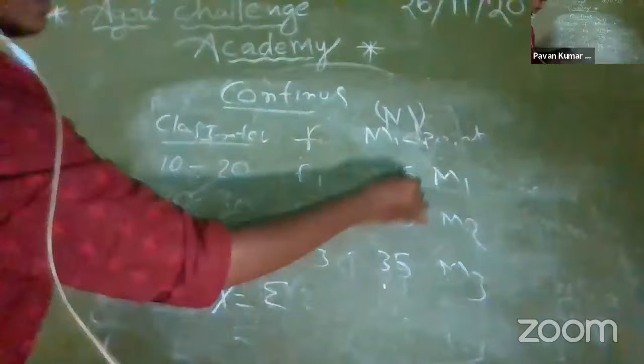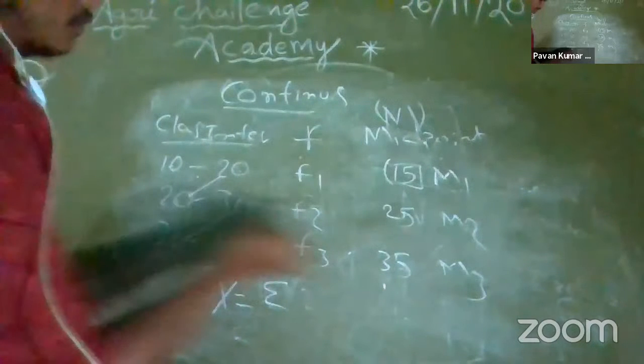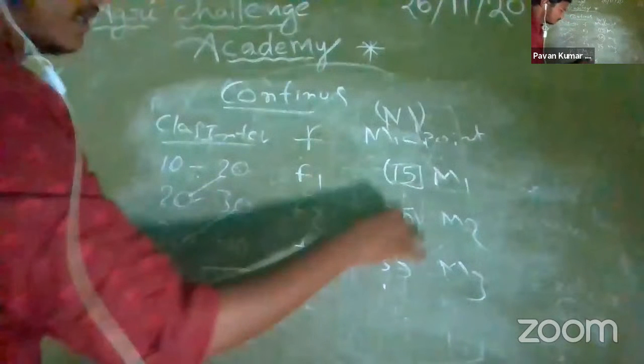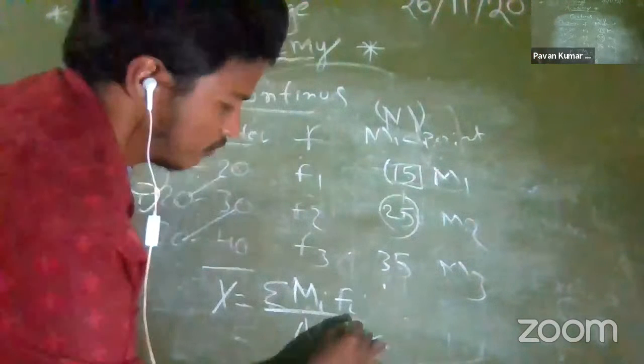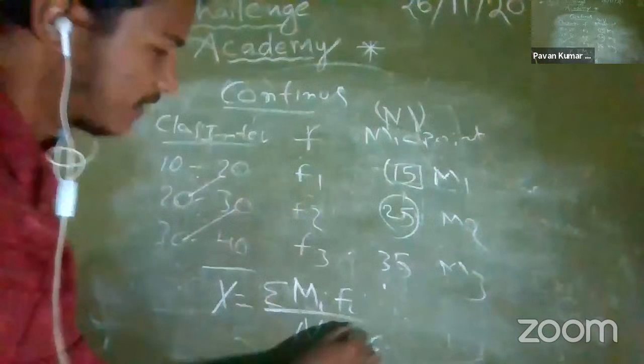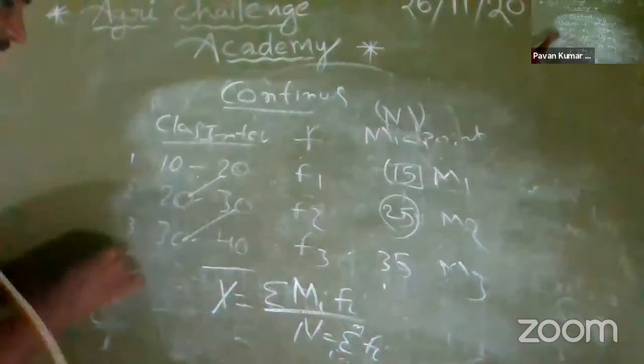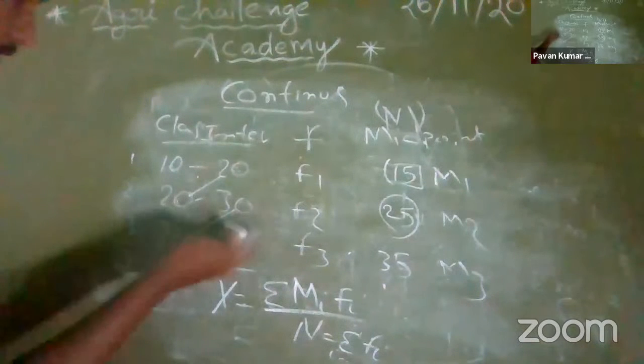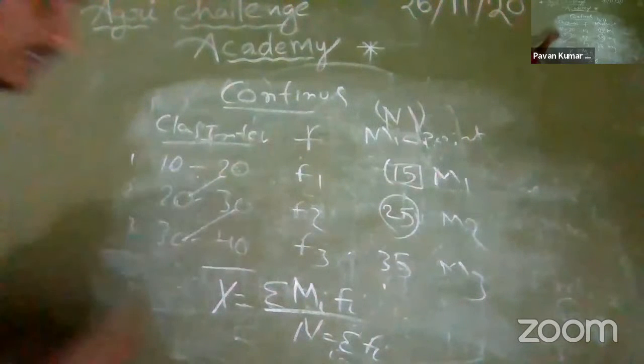x bar equals the summation of mi into fi by capital N. Here capital N equals the summation of fi, i equals 1 to small n. Small n is the number of class intervals. Suppose here these are 3 class intervals, I will take 3 here.